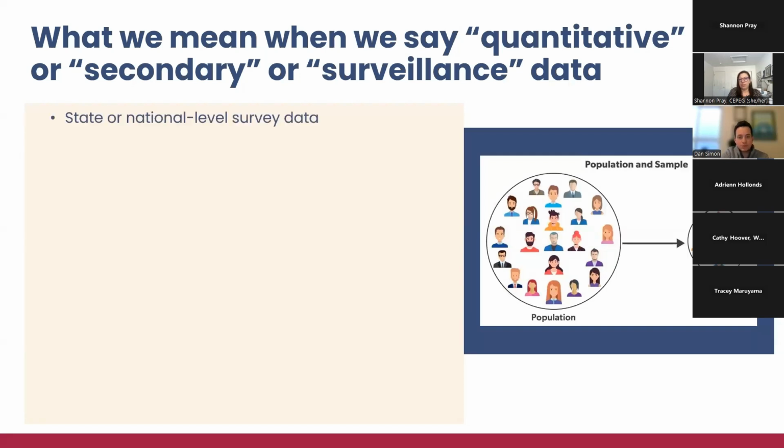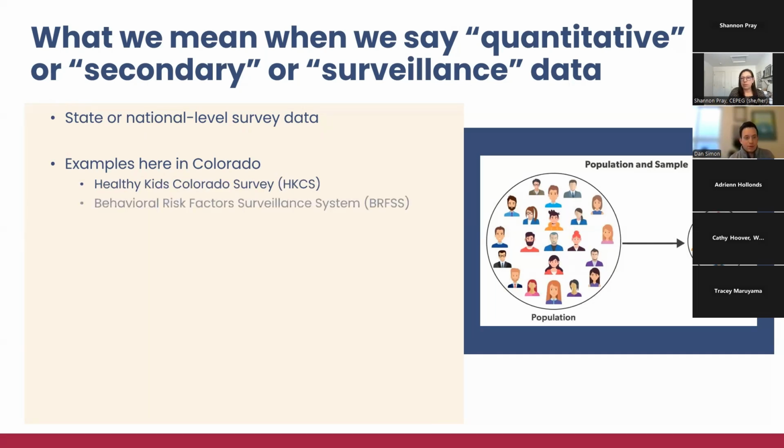All right. So yeah, secondary quantitative surveillance data. These terms are often used interchangeably. So when you hear any of those terms, I'd say think state or national level survey data. So in Colorado, examples would be Healthy Kids, HKCS data, BRFSS, the Behavioral Risk Factor Surveillance System, and Baby and You, which is a relatively new data set.